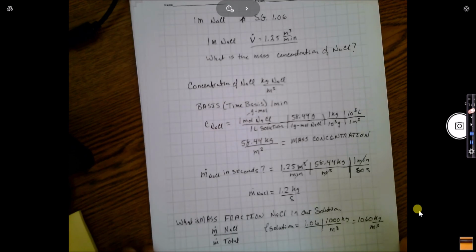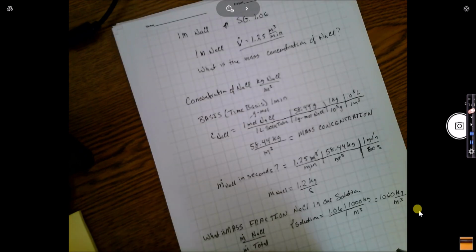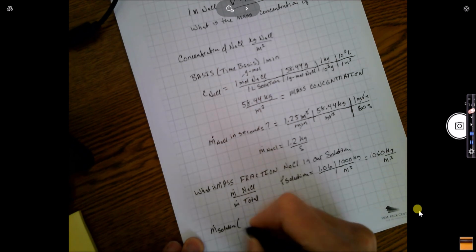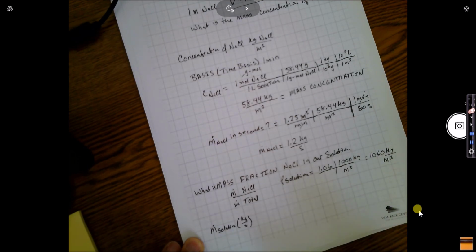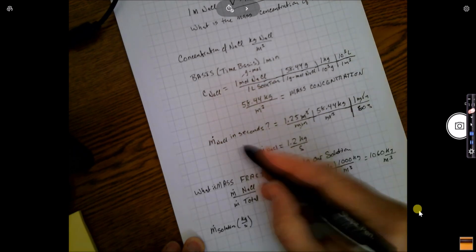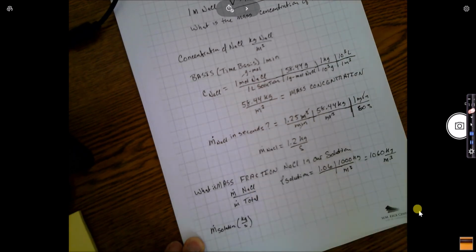So the mass flow rate of our solution, we want to have it in terms of kilograms per second. Because we wanted to keep our units consistent, in this case, just for funsies, I asked for the mass flow rate of sodium chloride in seconds instead of minutes, just to make it that much harder.